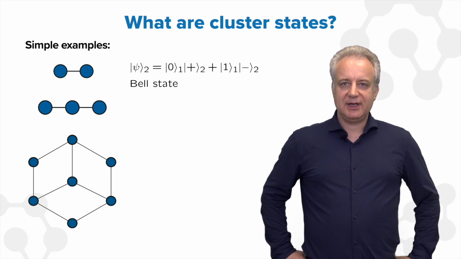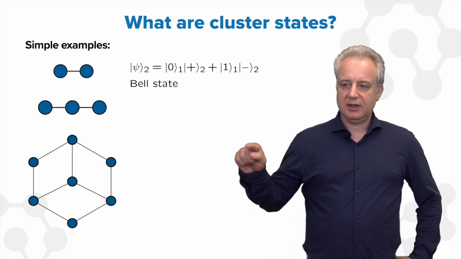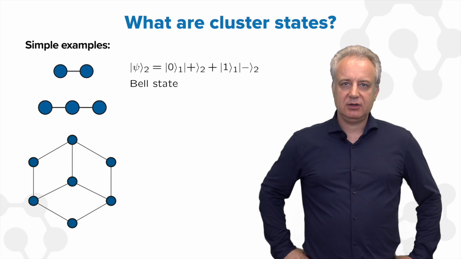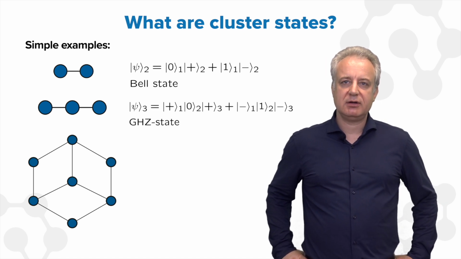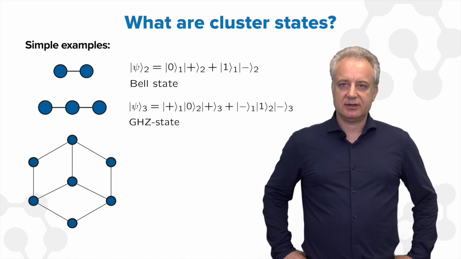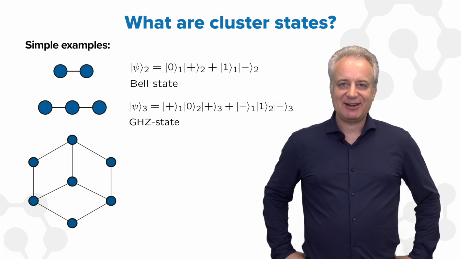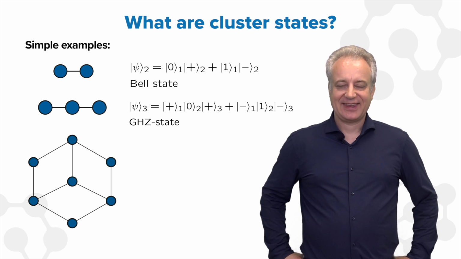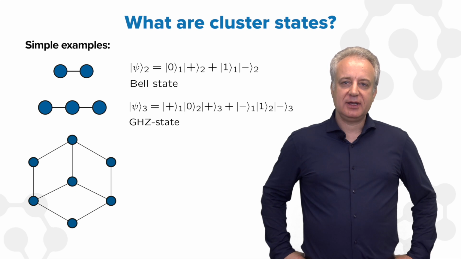A slightly more complex example is 3 qubits. If you take the cluster state of 3 qubits in a row, that is just, again modulo local unitaries, a Greenberger-Horne-Zeilinger state. That's a state very well known in quantum foundations, and it is the state that also carries the name of Schrödinger's cat. The final example on this slide has a slightly more complicated geometry.